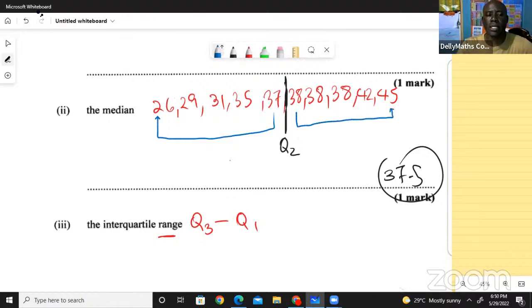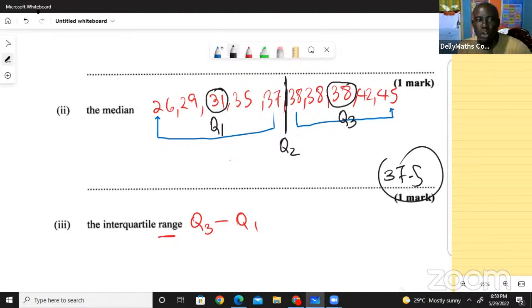From the lower half, you want to find the middle of the lower half. So find the middle of these five numbers. It's going to be 31. This is going to be Q1. And then we'll find the middle of the upper half. I'm going to get 38, and this is Q3.